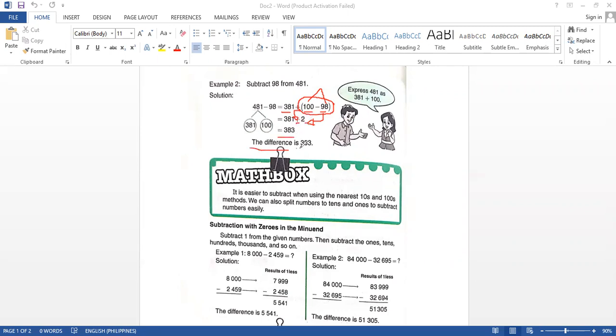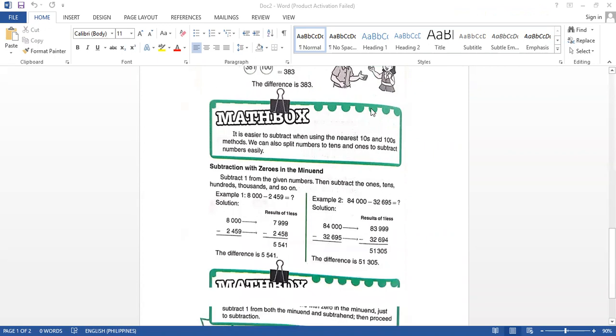So the difference is 320. Okay, so don't worry, I'm going to give more examples in our face-to-face class, because this is the last topic that we have, grade 3.